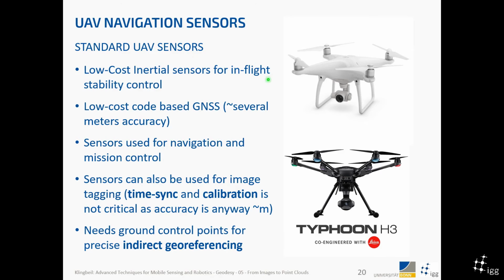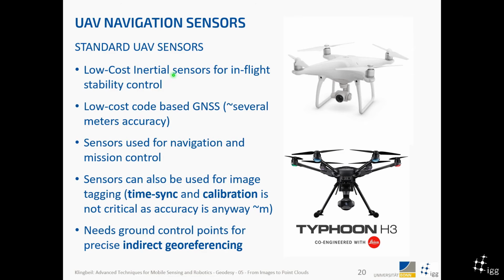So standard UAVs, and I consider this Phantom 4 from DJI here, or just to name some other company, actually, what is the name of the company? I think it's Yuneec. They usually have some low-cost inertial sensors, which are used for the in-flight stability control. All these internal control loops for the stability of the drone are done using low-cost inertial sensors.